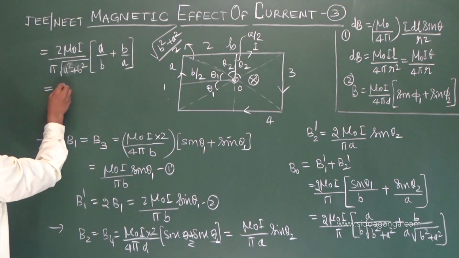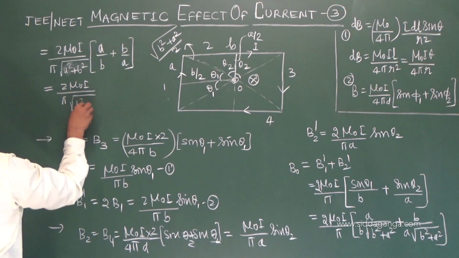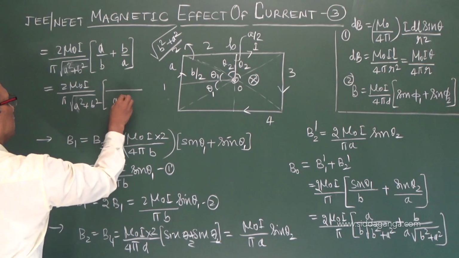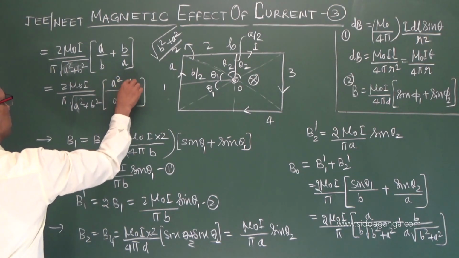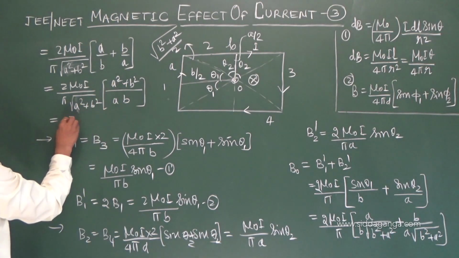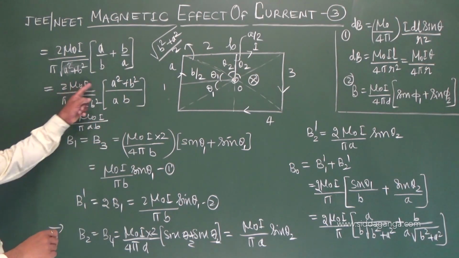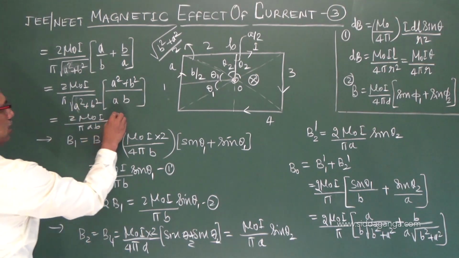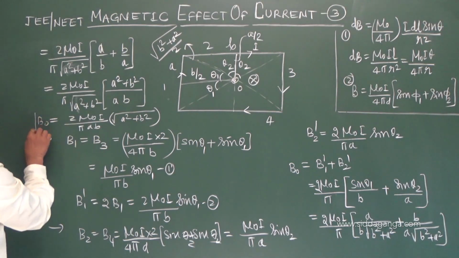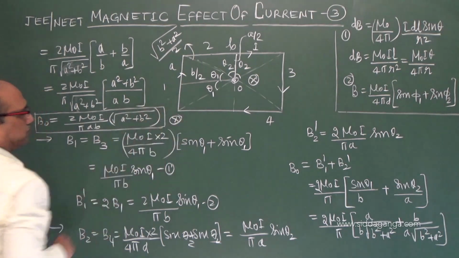If you take the common, 2 mu naught I by pi into root of a square plus b square into ab upon a square plus b square. Then 2 mu naught I by pi ab, this cancels and you will get a square plus b square. This is the magnetic field at the center, into the board.